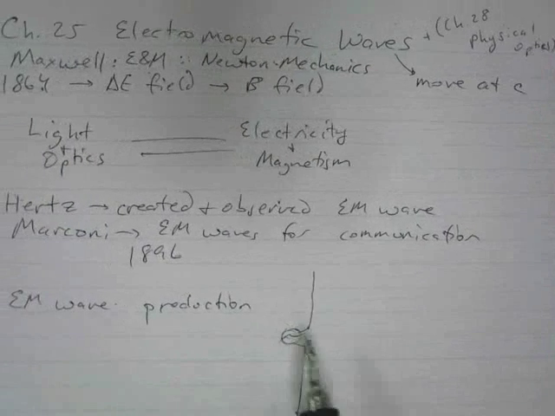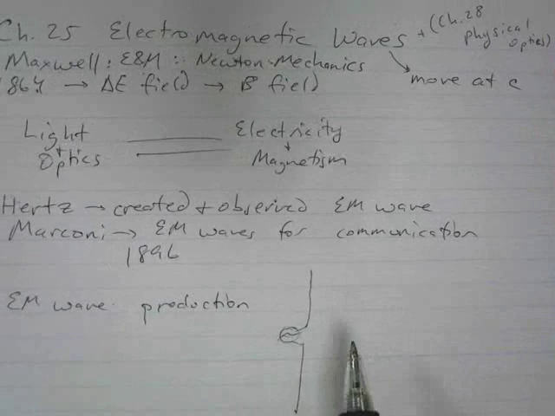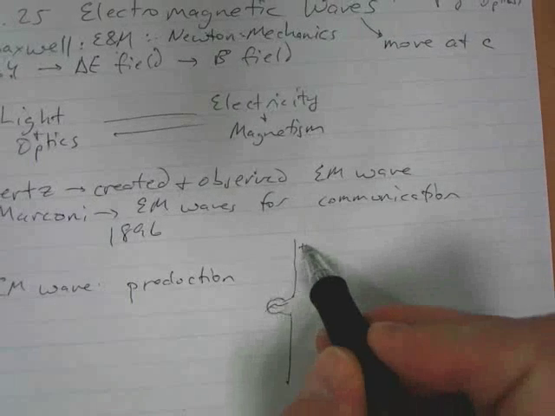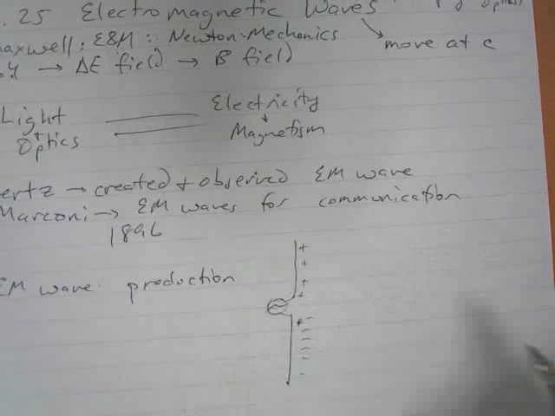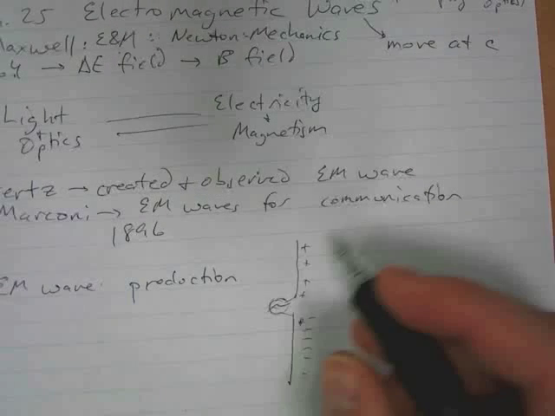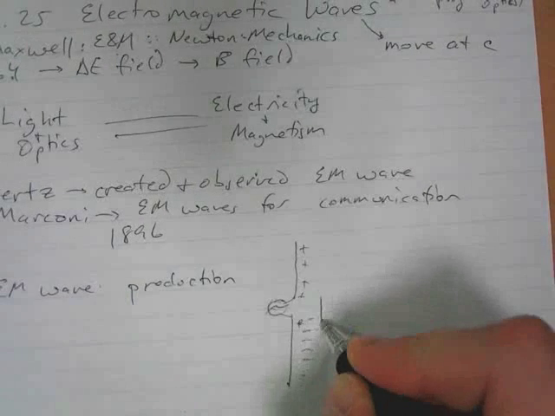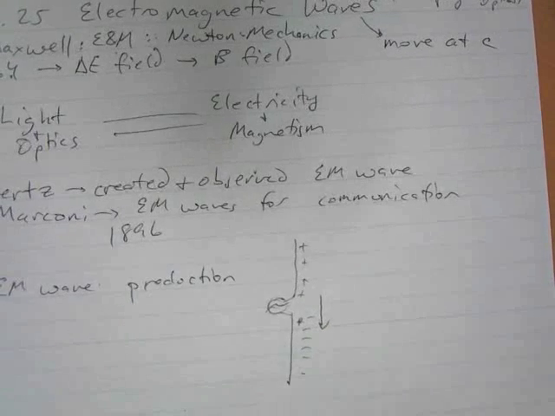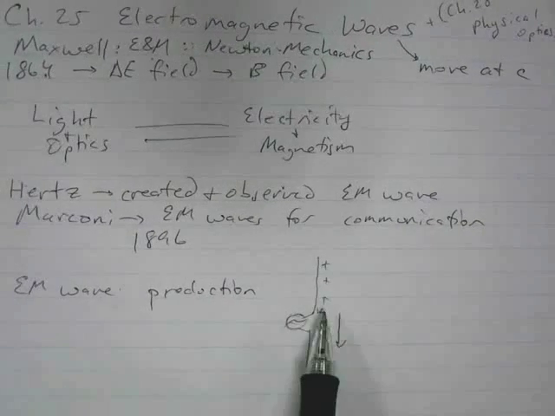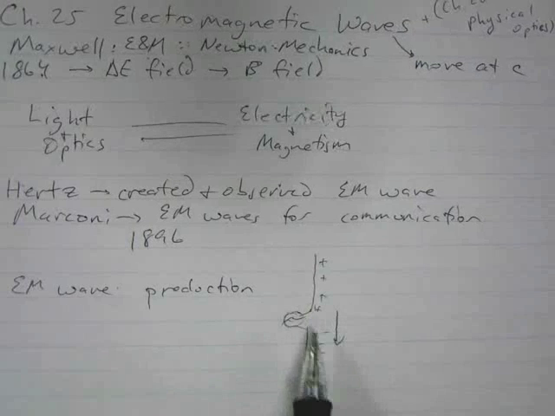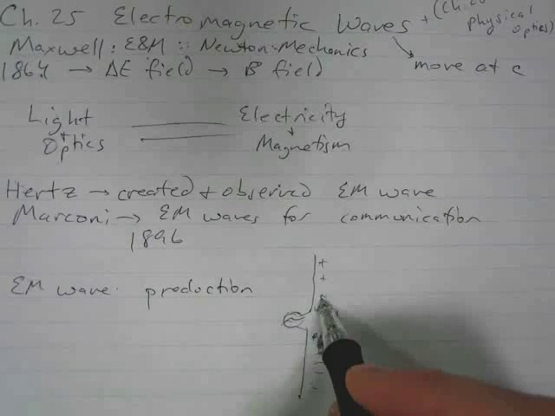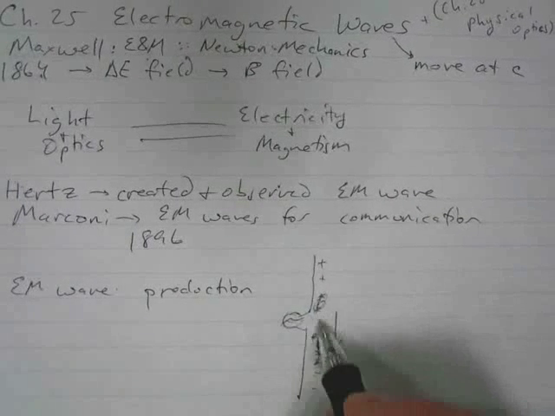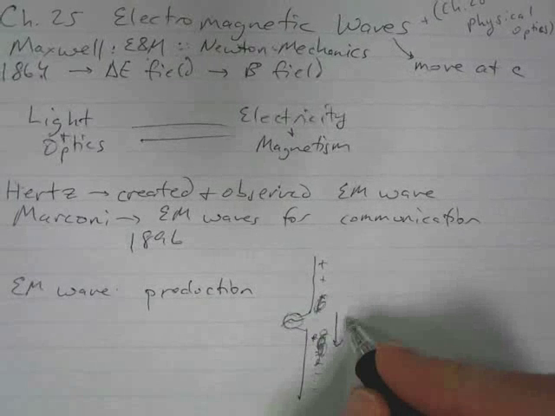So at some point while this current is flowing, things would align so that there were positives up here and negatives down here, which generates a downward electric field. Now this is an alternating current, so this is kind of an extreme arrangement, and then a little bit later there might be a few less negatives down here, a few less positives up here, so there's still an electric field, but it's smaller.